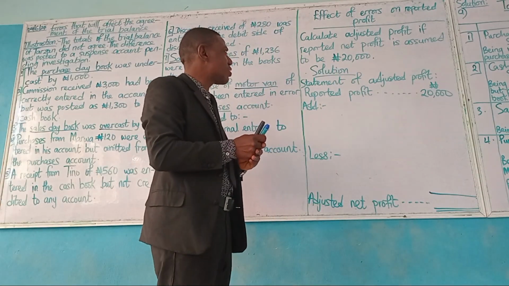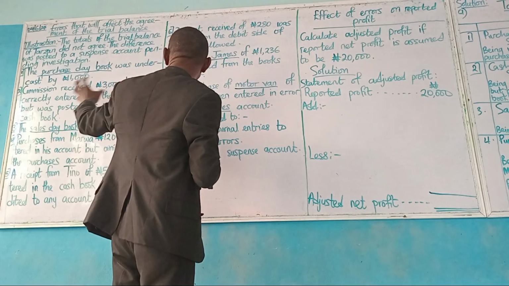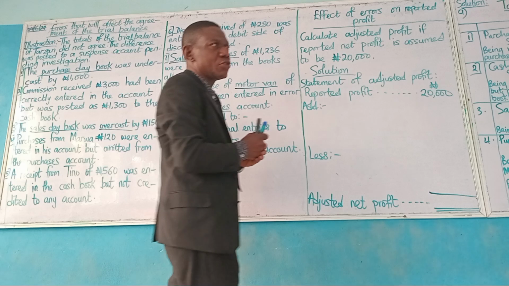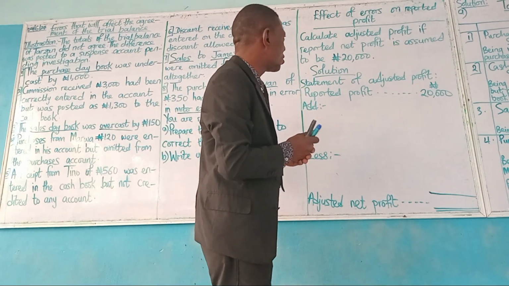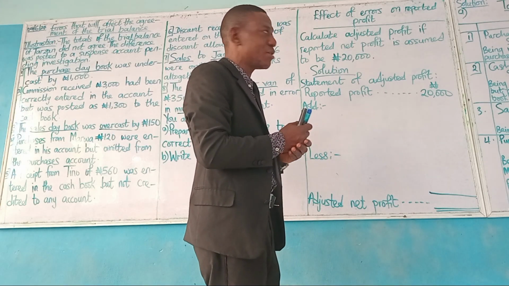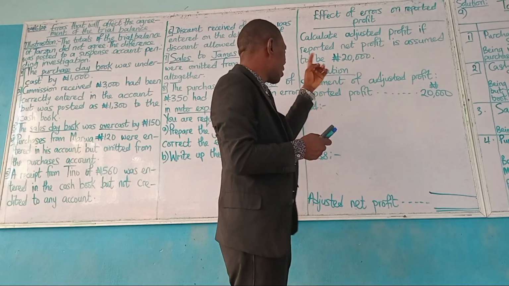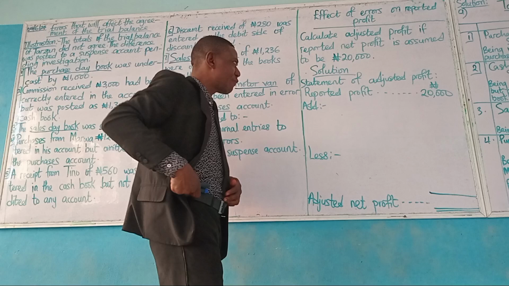So we are asked to calculate adjusted profit, that is, after taking into consideration all these errors that occurred during the year. Then we adjust the reported net profit according to the final account, the profit and loss account, and arrive at what we call adjusted profits.